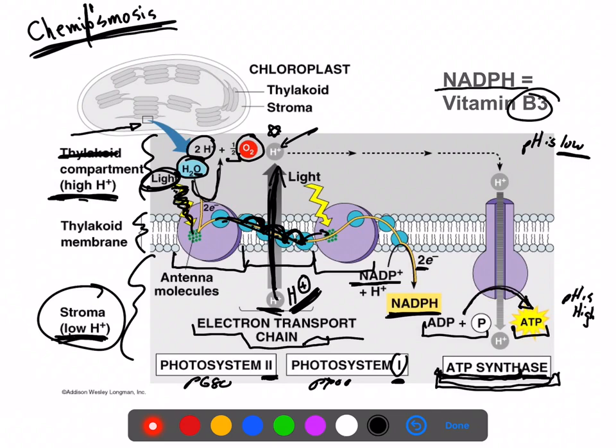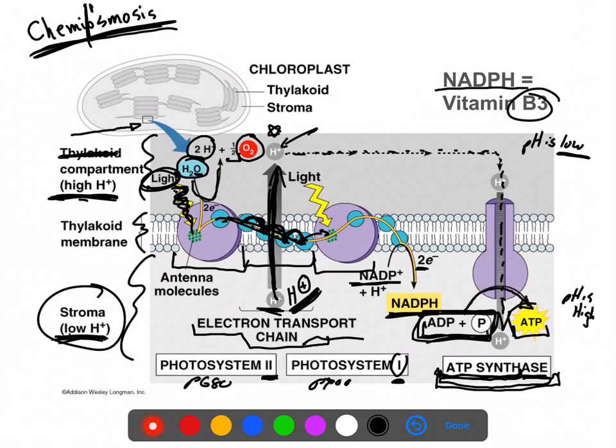Why is it important? Because when we concentrate acid, we can then release the acid to go back from high concentration to low. So let's follow its path. See how it's going across and down the ATP synthase? There's the acid now.